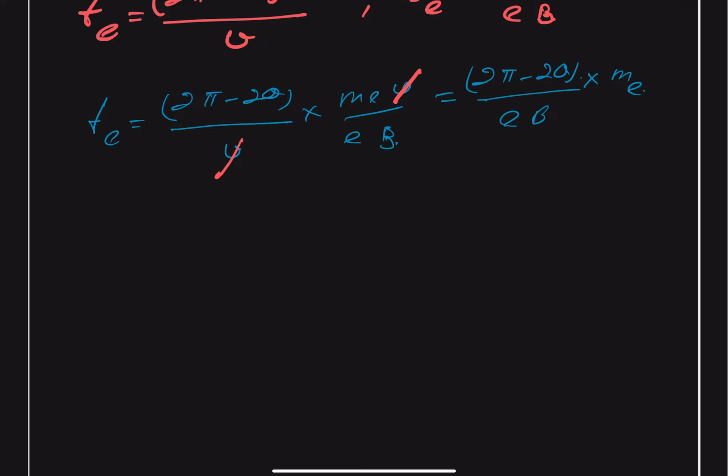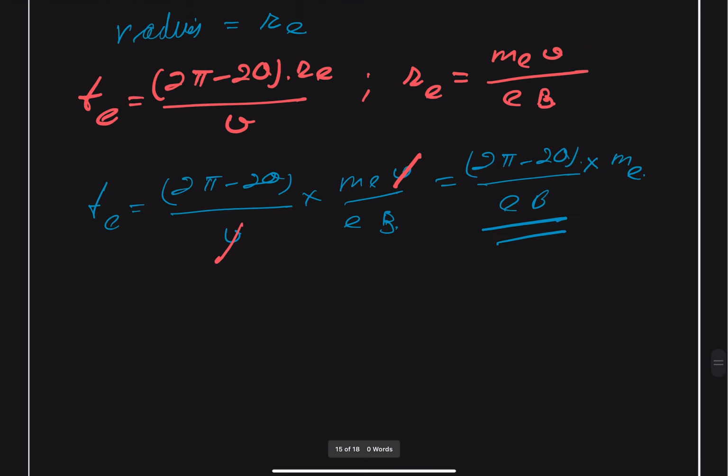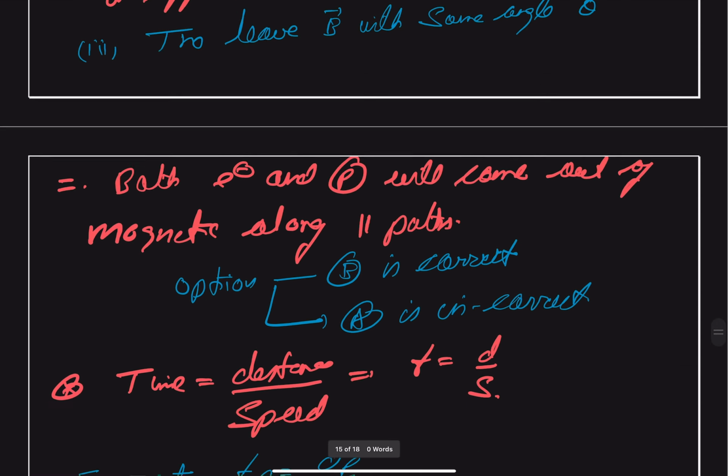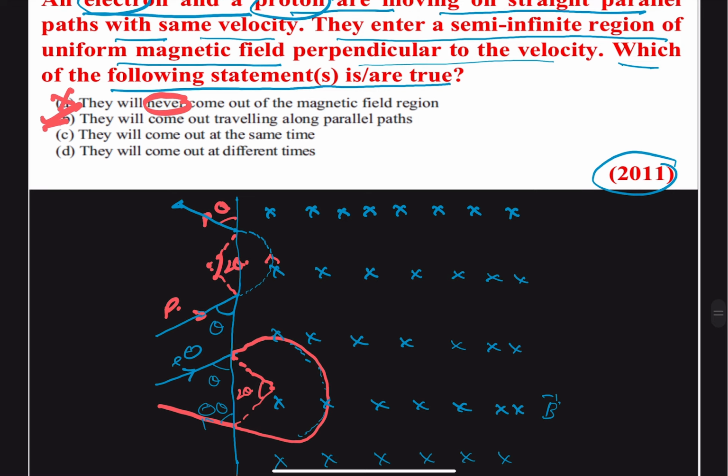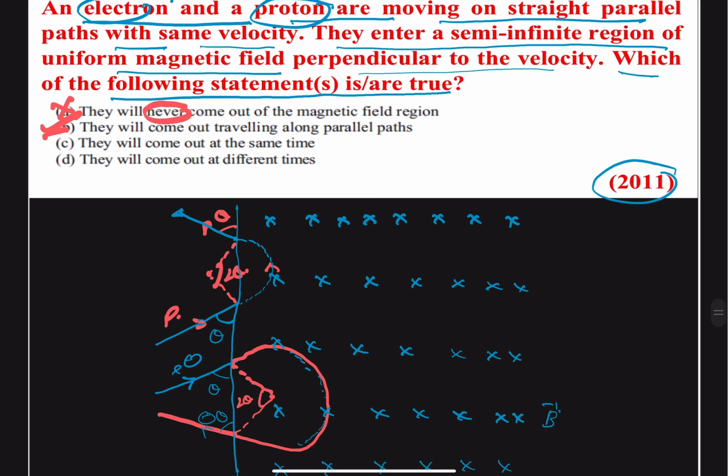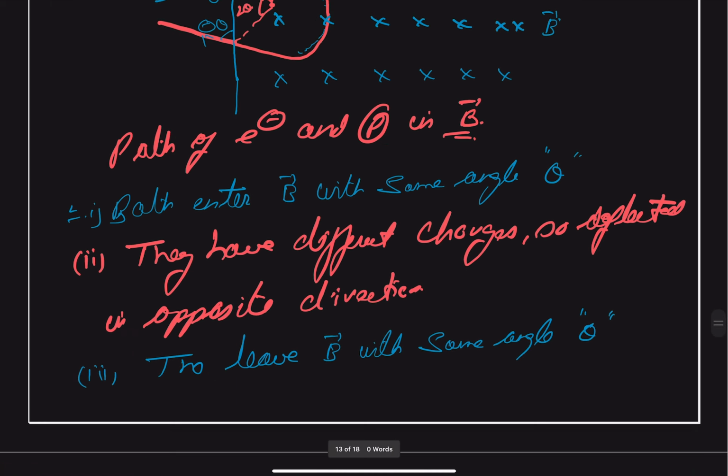So at least we are very sure that both the time periods are not the same. So option number C is incorrect, and option number D is automatically correct. They will come out at different times.